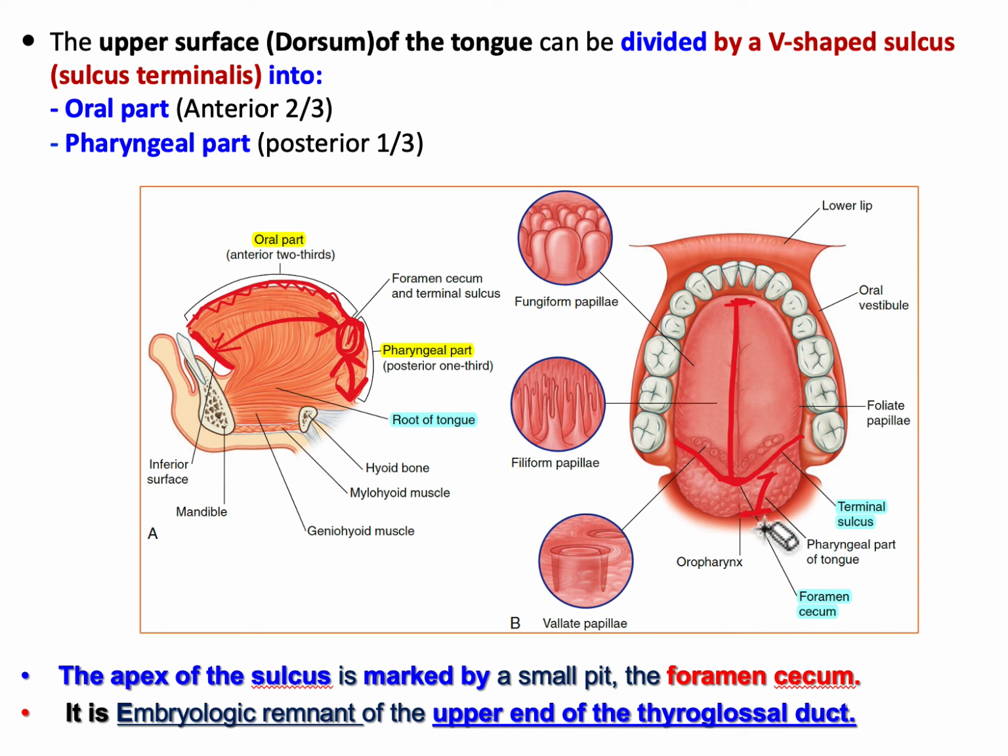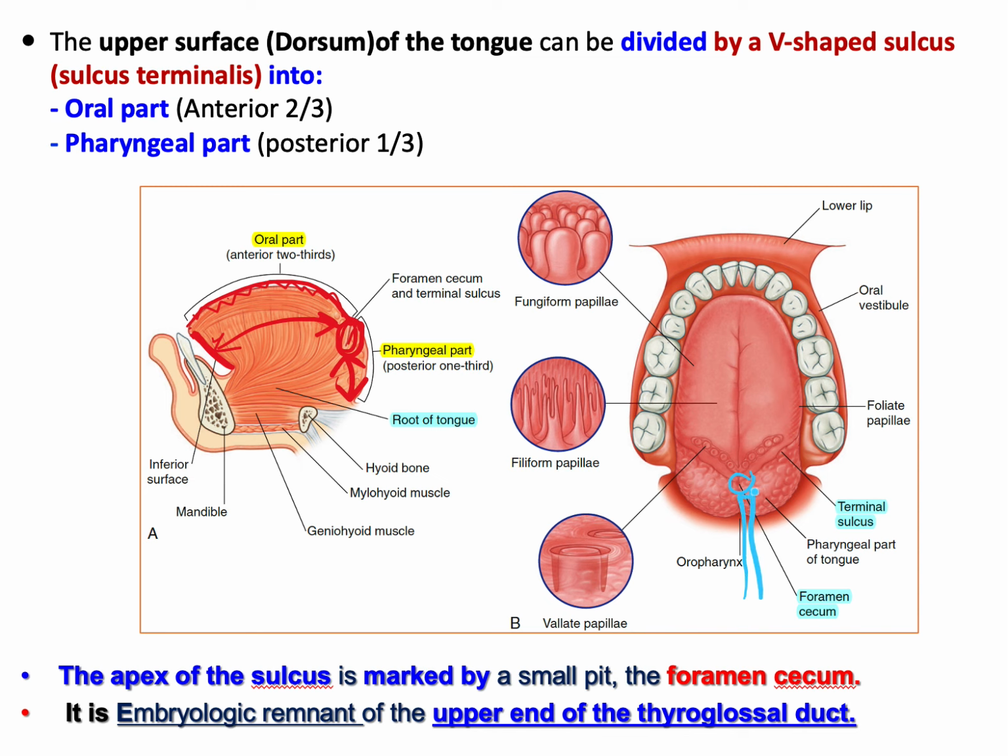Look, guys, I will erase this, and I want to show you that at the tip of the terminal sulcus we have a small pit, which is a foramen known as foramen cecum. It was a remnant of the thyroglossal duct.